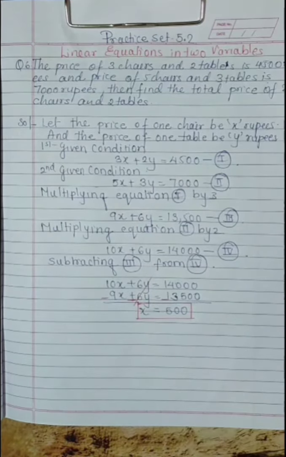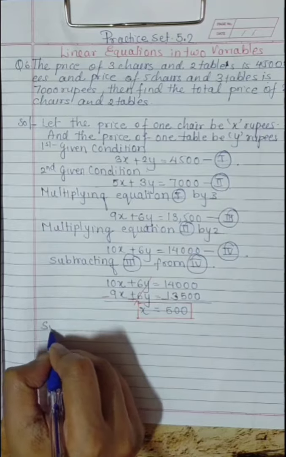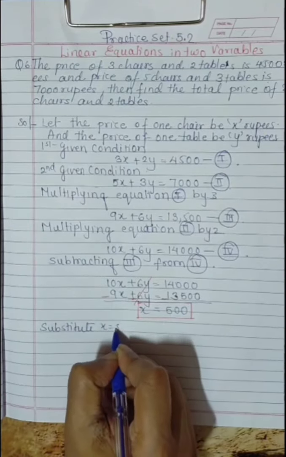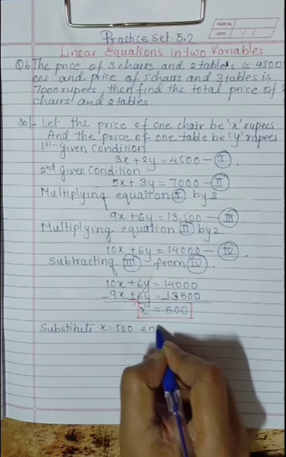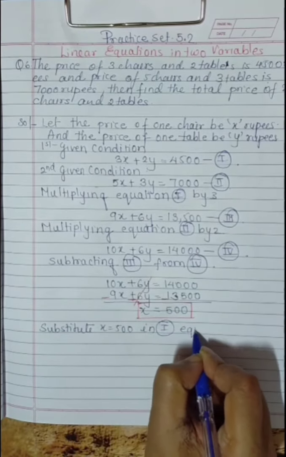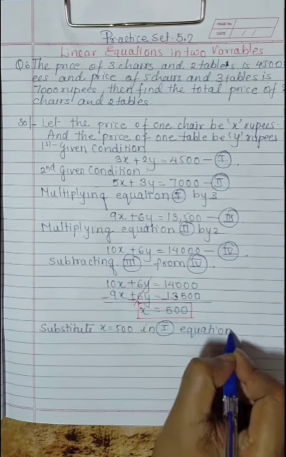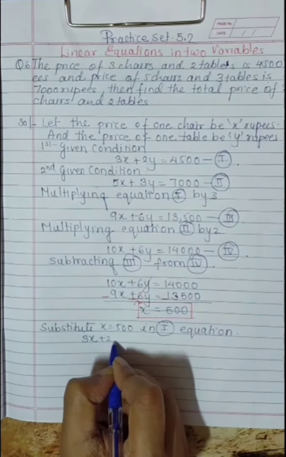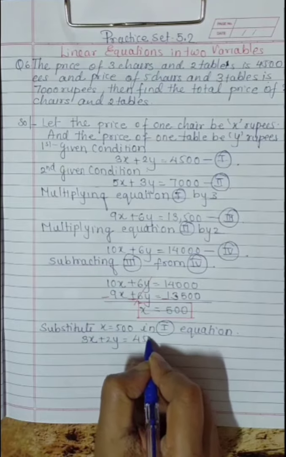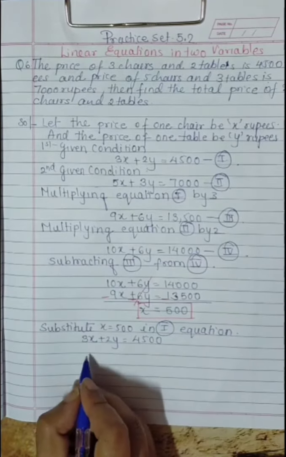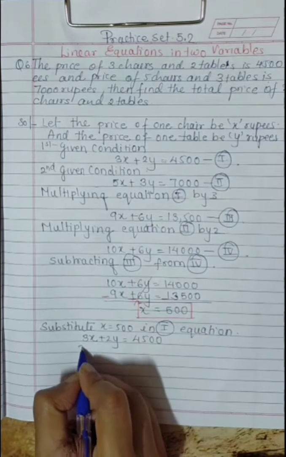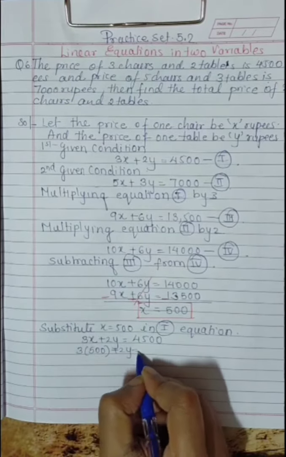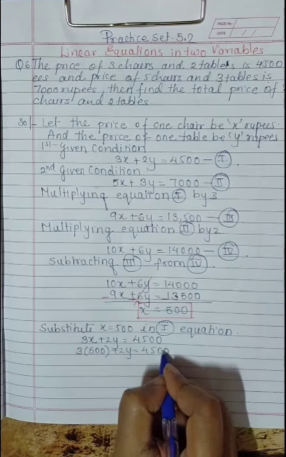500. Now we are going to substitute x equal to 500 in the first equation. This is our first equation: 3x plus 2y equal to 4,500. In place of x we write 500, so 1500 plus 2y equal to 4,500.